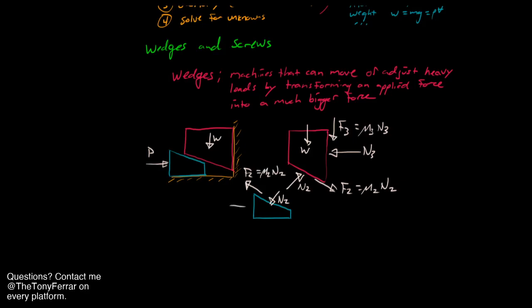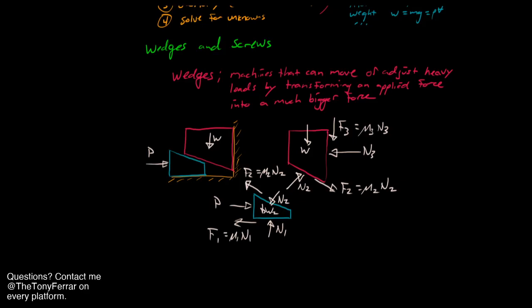We still have the applied load P, and we have the normal force here, say N1. If you wanted to, you can include the weight of the wedge, but maybe that's trivial compared to the weight of the main load, so we don't have to deal with it. Or we could, whatever you like. Call it W2, whatever. And then lastly, we have the friction force along the floor here. We call that F1. Make that, say, mu1 N1.